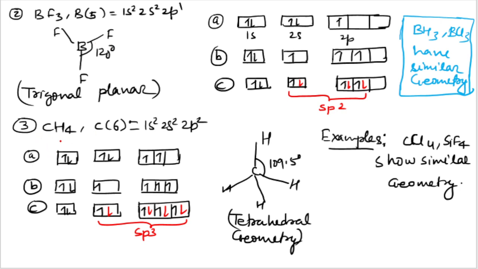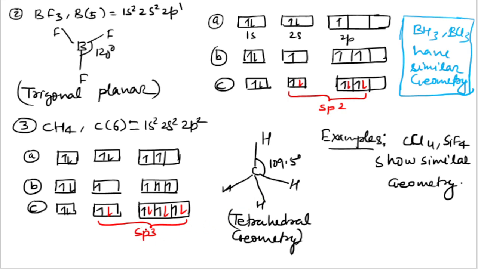Another example is methane. The electronic configuration is this, and the valence electrons are four. In the ground state two electrons are unpaired, but we need four. In the excited state four electrons are unpaired because one electron goes to the last 2p orbital. So four bonds are formed by sharing with four hydrogens.